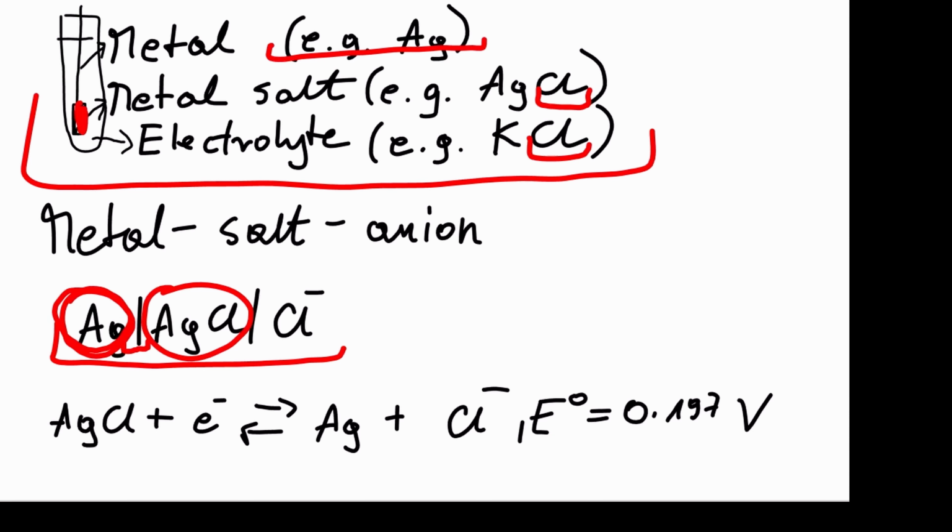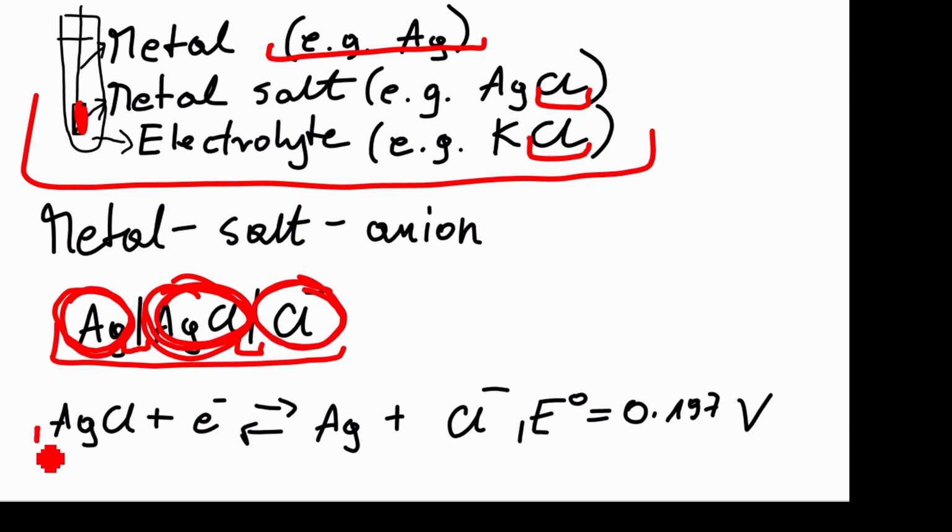This one is a metal and this one is a salt. And of course, another single vertical bar means that here we have an interface between the solid salt and the liquid containing chloride anions.